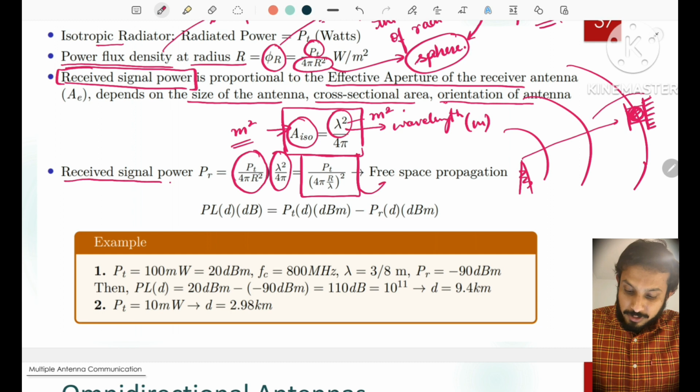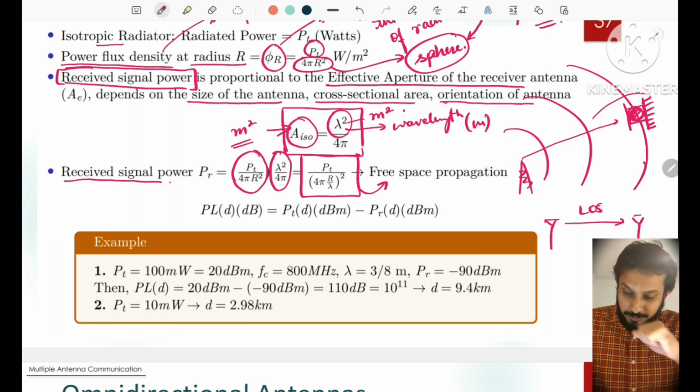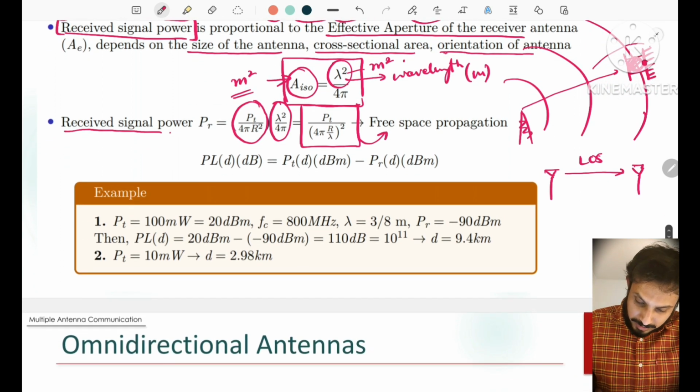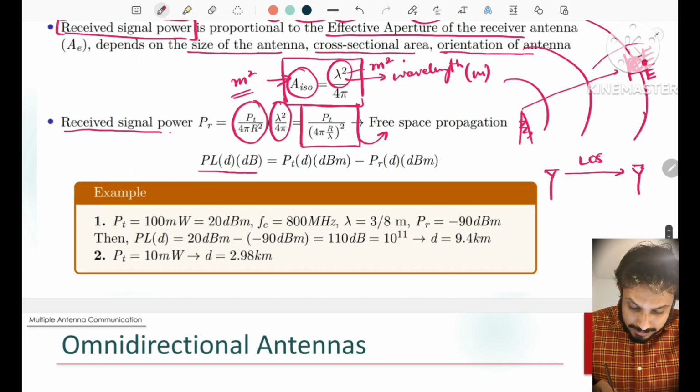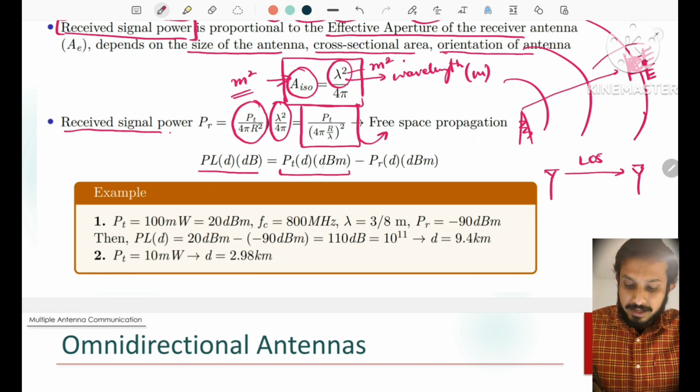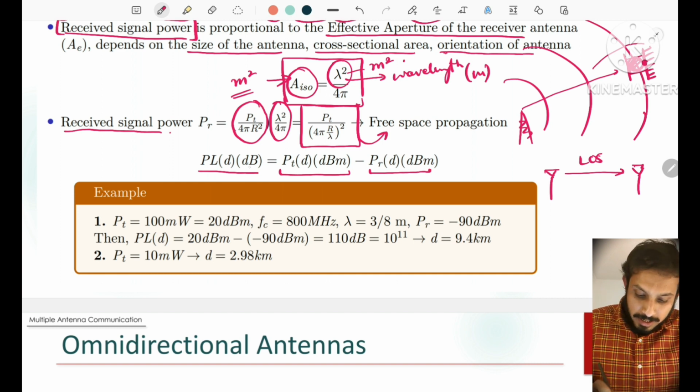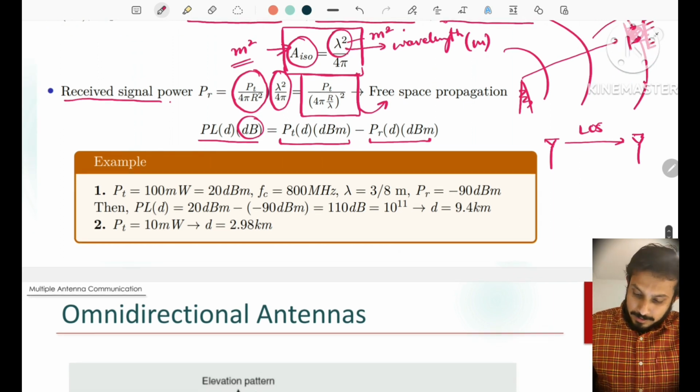This is what is referred to as free space propagation, where we have a transmitter and a receiver with line of sight transmission between them. The path loss in this case is given by Pt represented in dBm minus received power represented in dBm, and the difference of two dBm values is in dB, which is a dimensionless quantity.